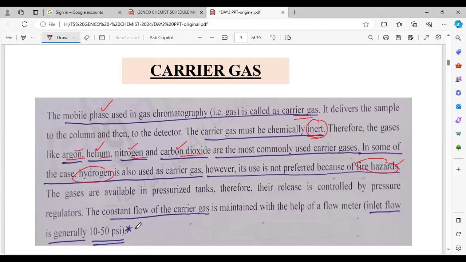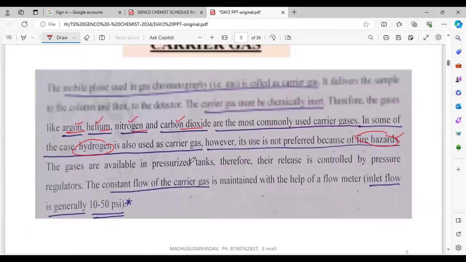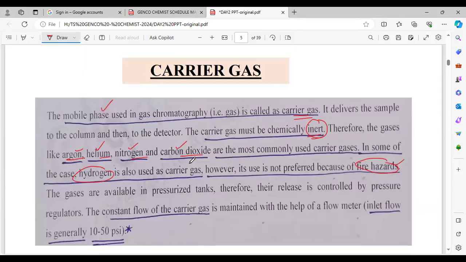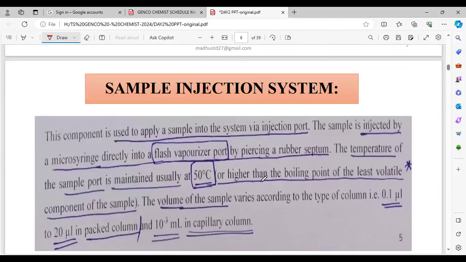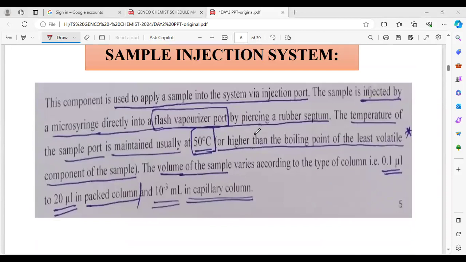Next, what are the important points in carrier gas? It must be inert. It acts as a mobile phase. Frequently used gases are argon, helium, nitrogen, and carbon dioxide.